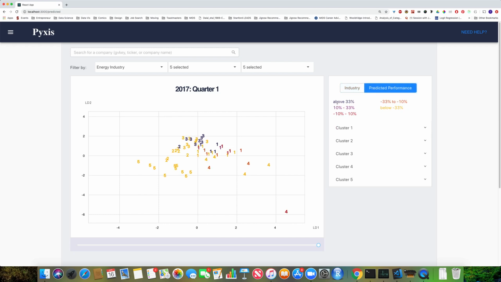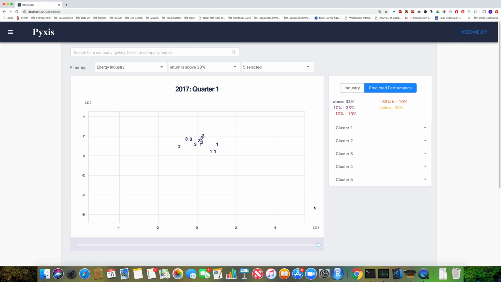If we look at this color, the best of the best is the color blue, and so we just pick the best of the best. Now instead of looking at all of the companies in the energy industry, all you need to do is just focus on a handful of these and read more about it and get a better sense of the companies.